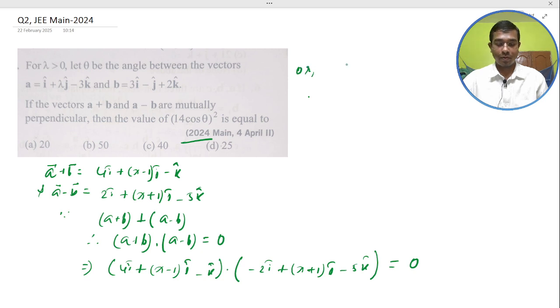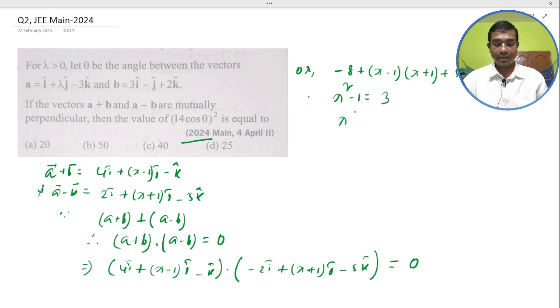This becomes minus 8 plus (lambda minus 1)(lambda plus 1) plus 5 equal to 0. You would get lambda square minus 1 equal to 3.